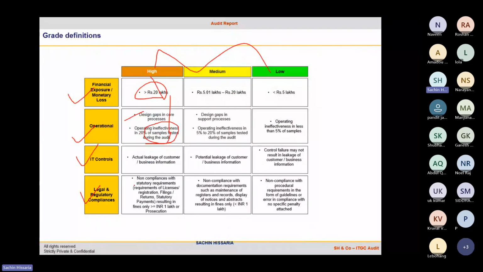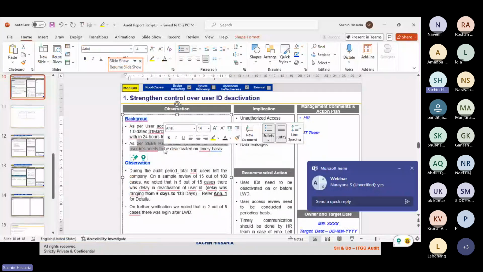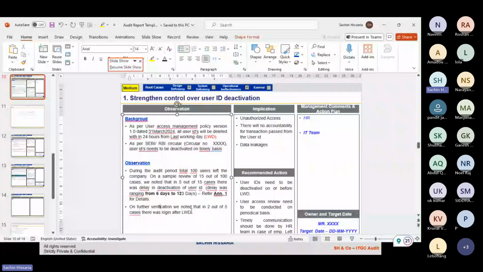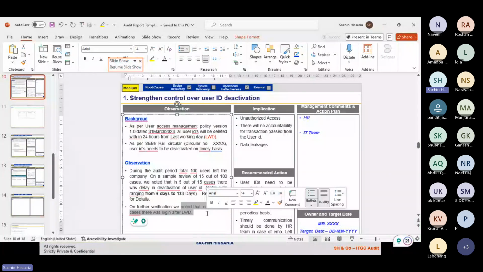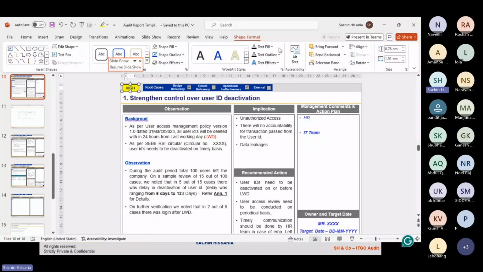And also this was a non-compliance to a statutory requirement because RBI also mentions the same. Further, there was a login after the last working day. So if I consider all three facts, then I will rate this observation as high. I will say, boss, this is a high observation.